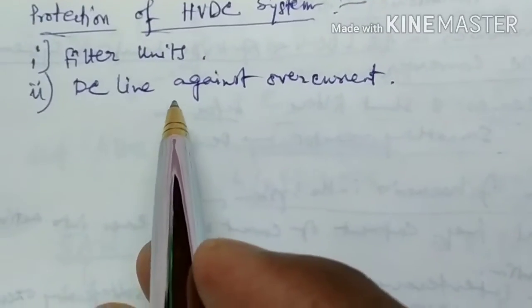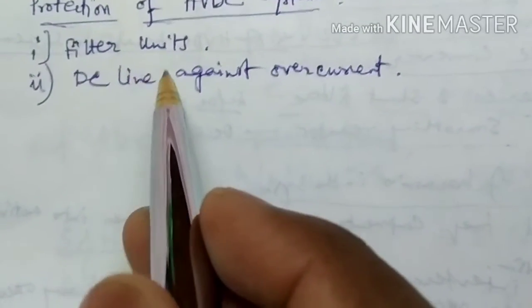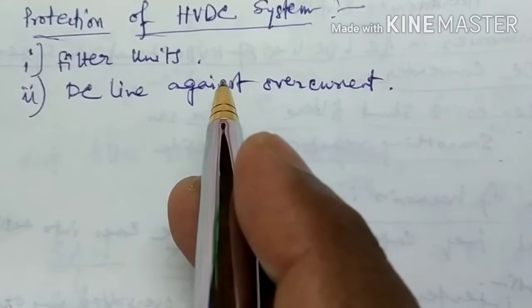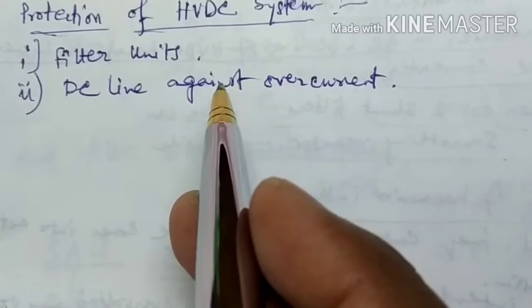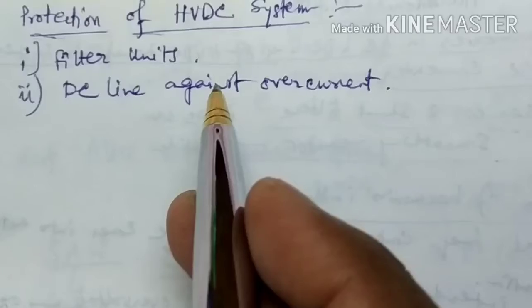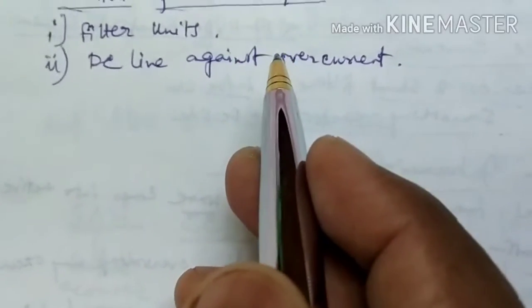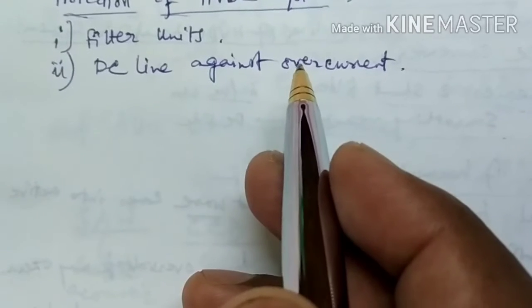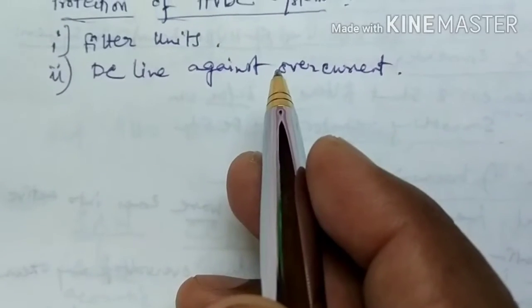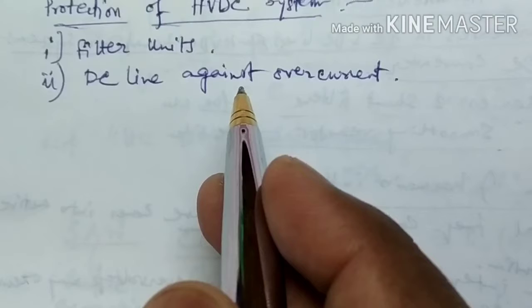Harmonic filter units are provided for both AC and DC side. The filter banks are subject to over voltage and internal faults or short circuit faults. Usually capacitor banks are made up of series connected capacitor racks.